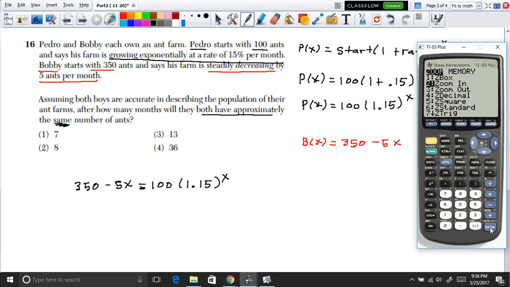Let me zoom in. Now let's look at the window. Let the X minimum be negative 10 and the maximum be 10. Y min, let's make this negative 10, and Y max, let's make this positive 10. All right.